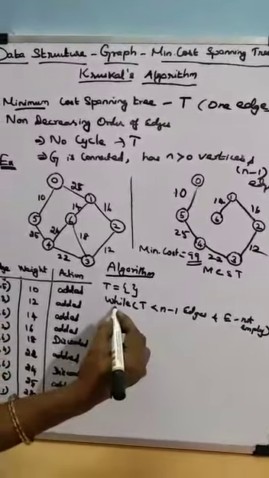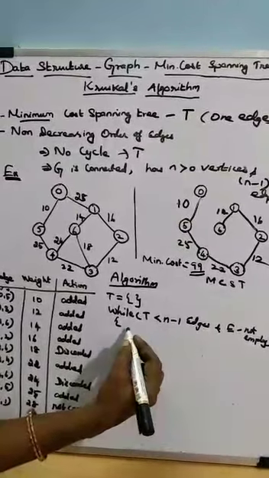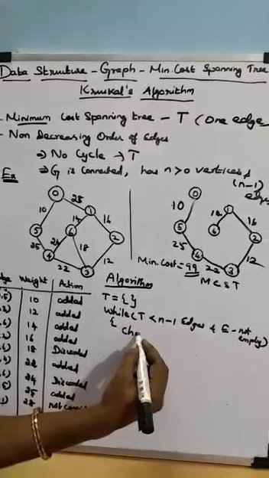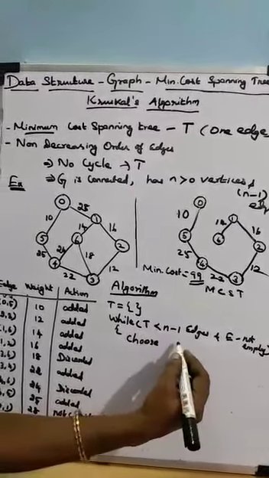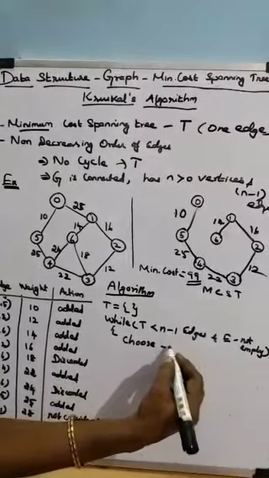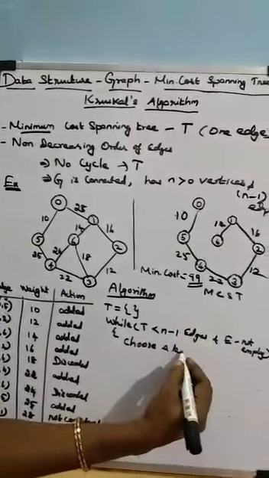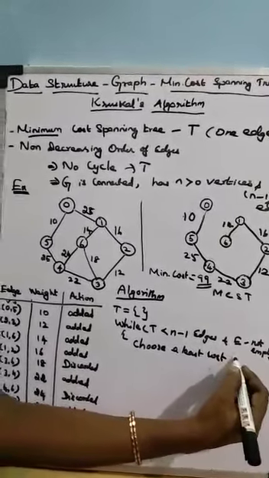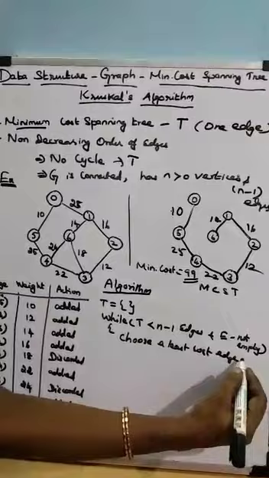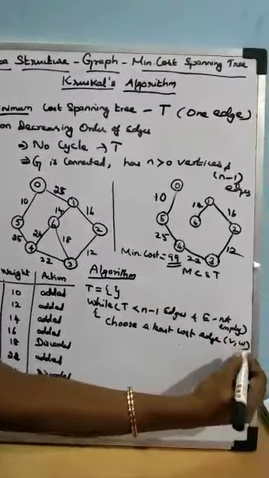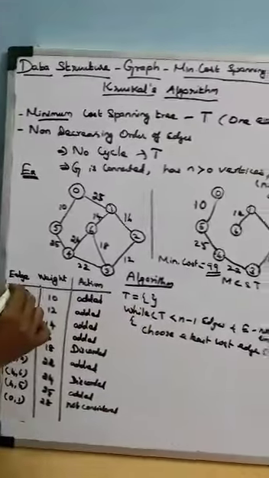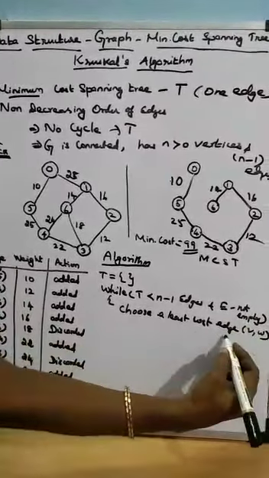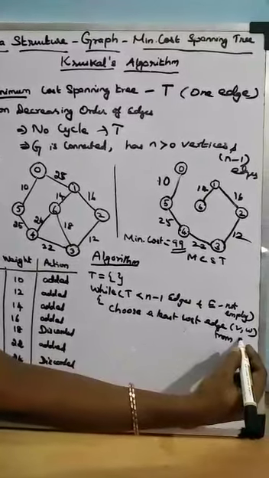The statements are: first, we select or choose a least cost edge, that is the least weight edge V, W from the edge set.